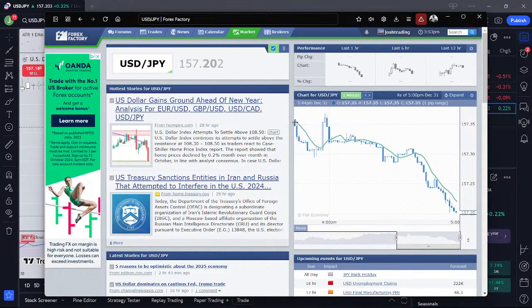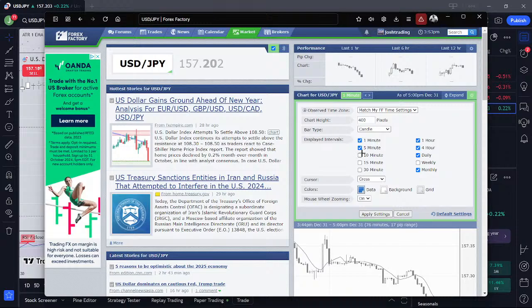We see from the moving average here, let me see the settings for the EMA.